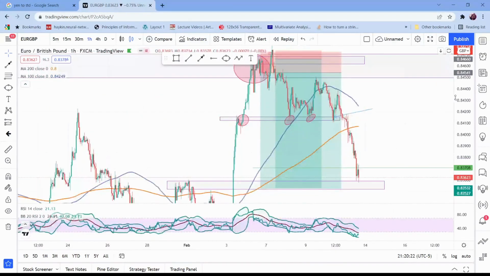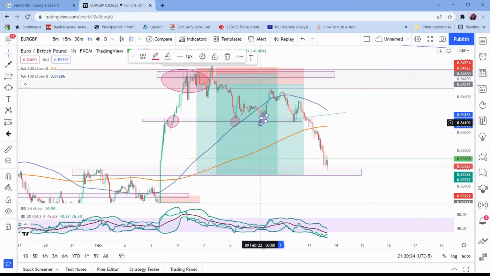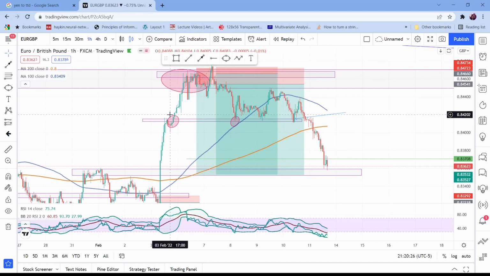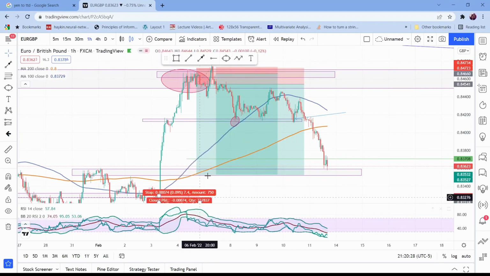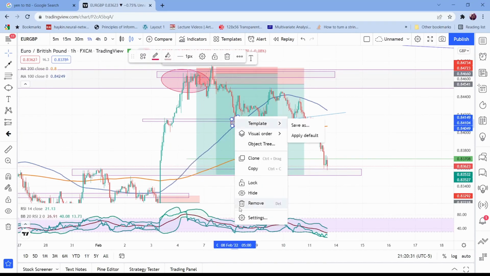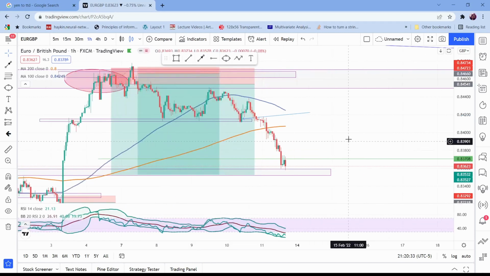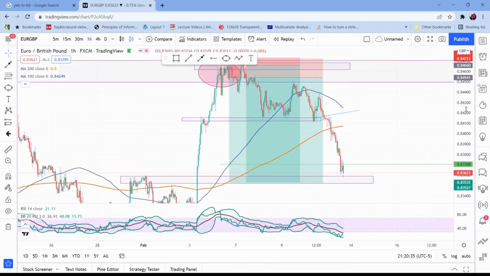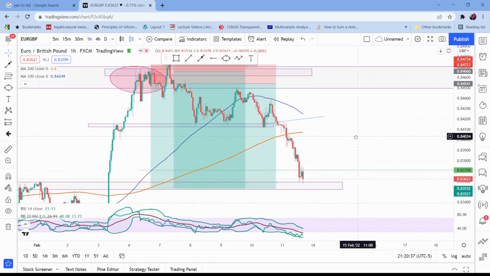So this was one play that we did have. But just waiting for price to do what it should have done at the initial start of the trade is something that I personally don't have the patience for.